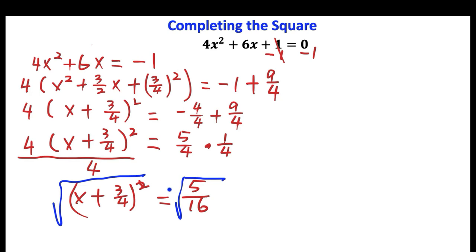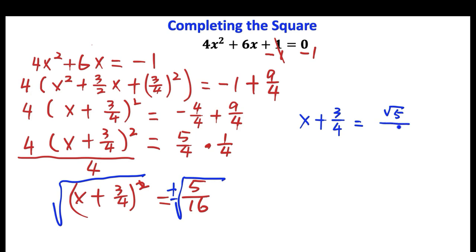Remember, the right side is supposed to have a positive or negative. So on the left side, after square and square root, they are canceled out. We only have x plus 3/4 on the left side equals square root of 5 over square root of 16. So square root of 5, nothing we can do, we just leave it.